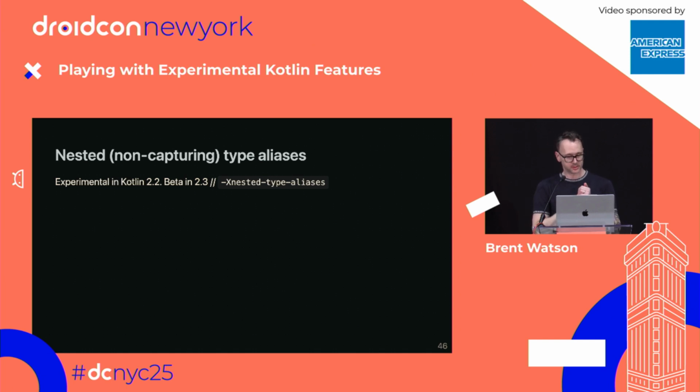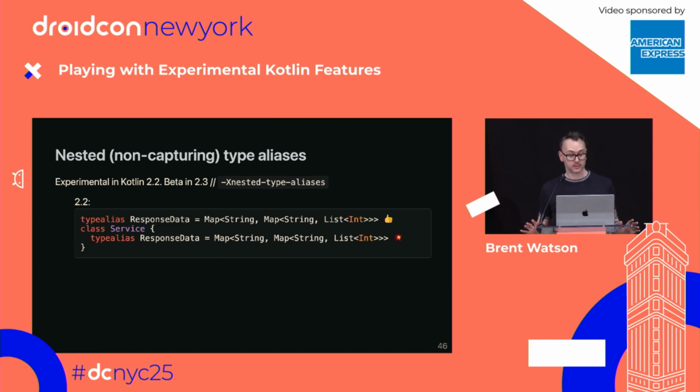Non-capturing type aliases. You can turn this on with -X nested type aliases. I actually tried to write pretty much this exact code and got a compilation error like a couple weeks ago, so you might have been bit by this as well.